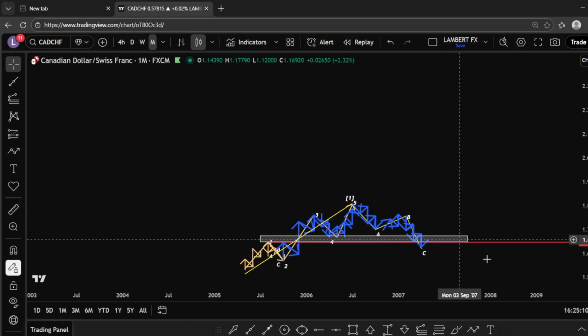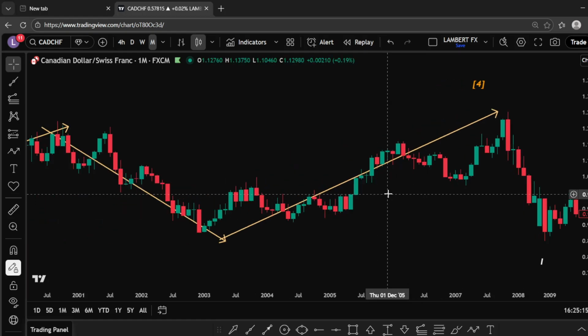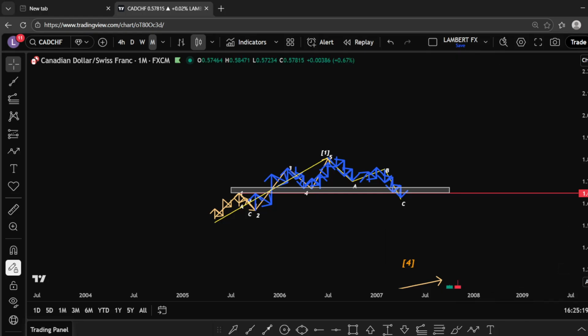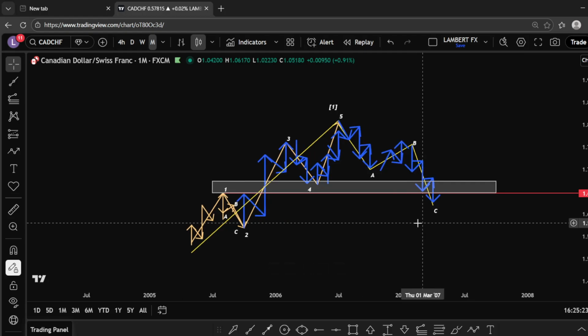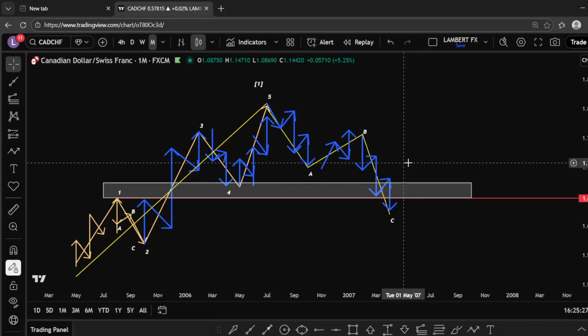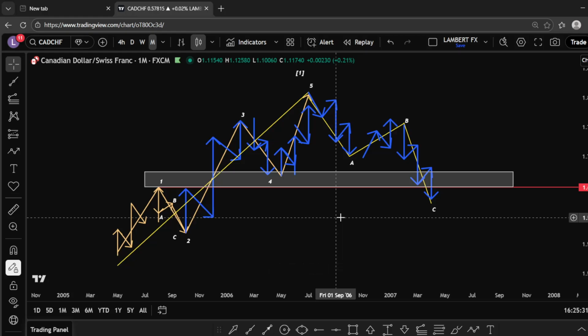Like I said, if you watch my previous videos, you will see that what I've been trading for years, without knowing it, is basically the Elliott wave principle. Go and do your research. Don't believe what I've just told you. Do not believe me at all. Go do your research.